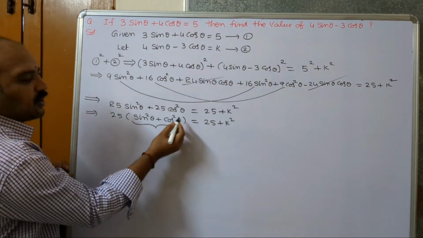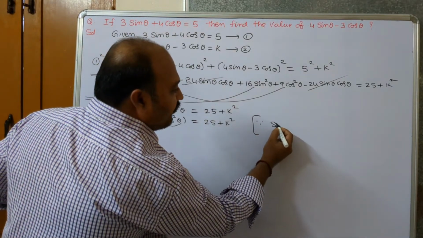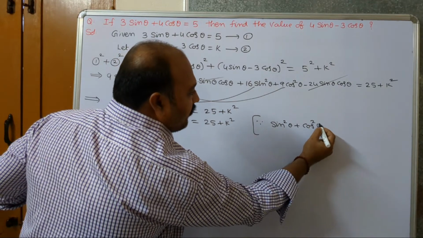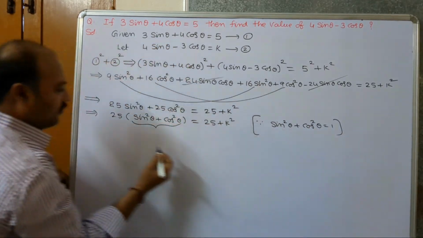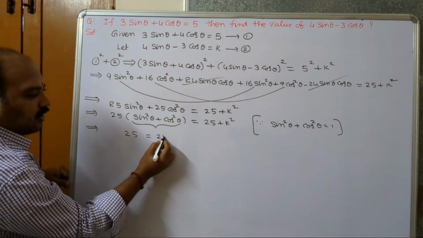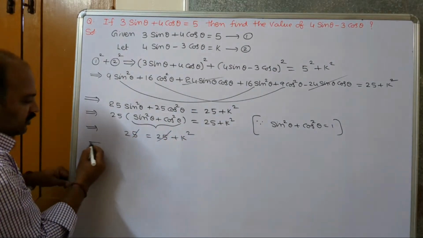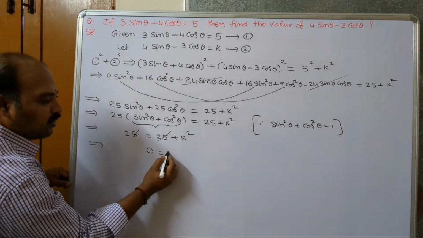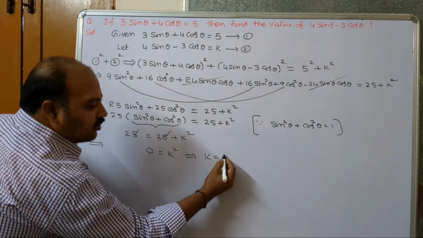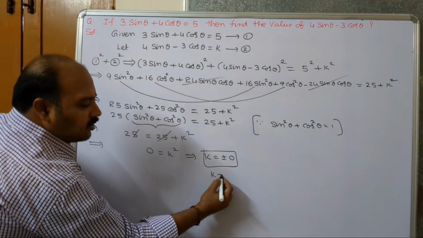Anyway, the value of sin square theta plus cos square theta is 1. So that implies 25 is equal to 25 plus k square. Both sides 25 and 25 also get cancelled. 0 equals k square, that implies k equals plus or minus 0. So simply we can write it as 0. So k is equal to 0.